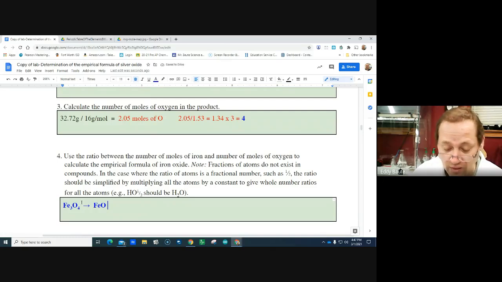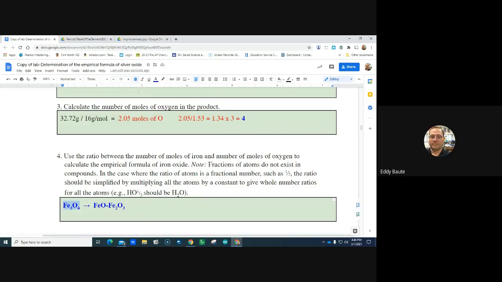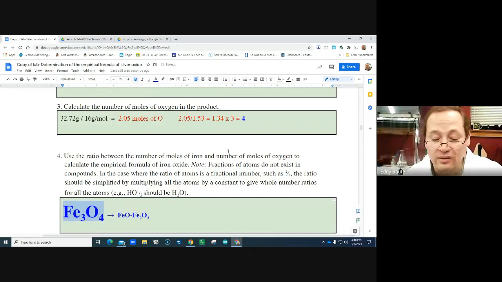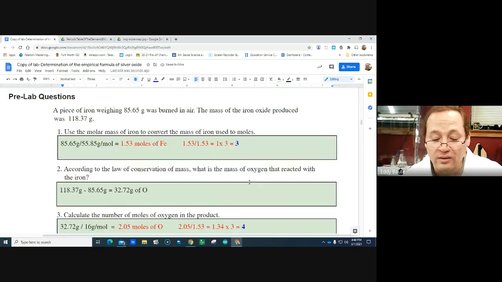I won't be able to put the dot there, but let's put it this way. So that's the empirical formula. This one here is correct for our exam. And that is the end of the pre-lab questions.